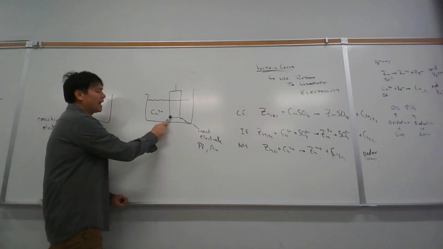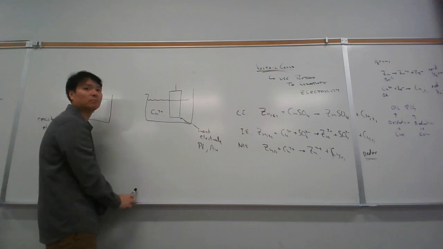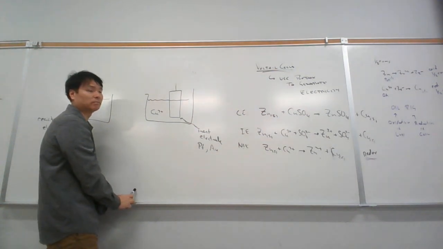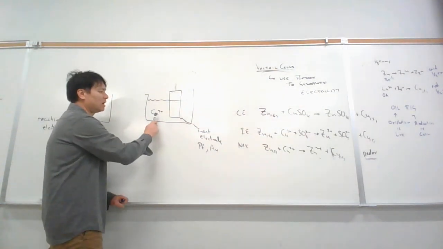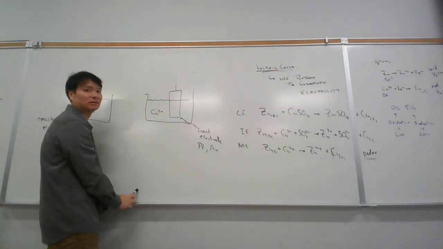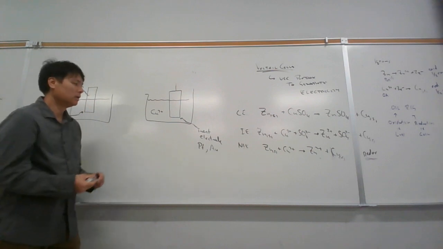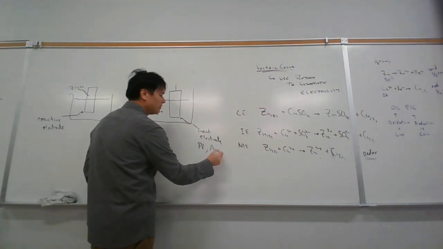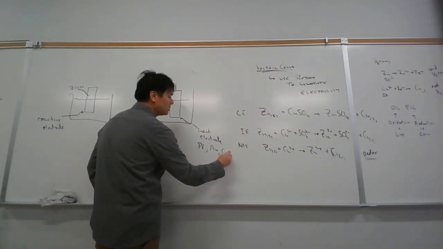But if I put platinum in here, the copper 2 will try to take the electrons from platinum, but will be unsuccessful. If I put gold in here, the copper 2 will try to take the electrons from gold, but will be unsuccessful. But platinum and gold are too expensive. What's cheaper would be graphite. Graphite is cheap.